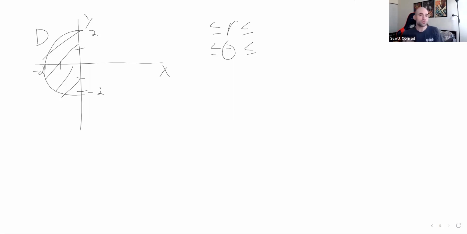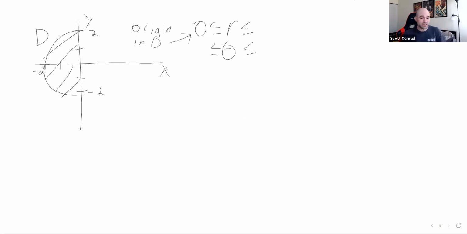So the way to think of r is, what is the closest you get to the origin? If the origin is in your region, then 0 is the closest you get to the origin. So then r is bounded below by 0. That's a good thing to remember.